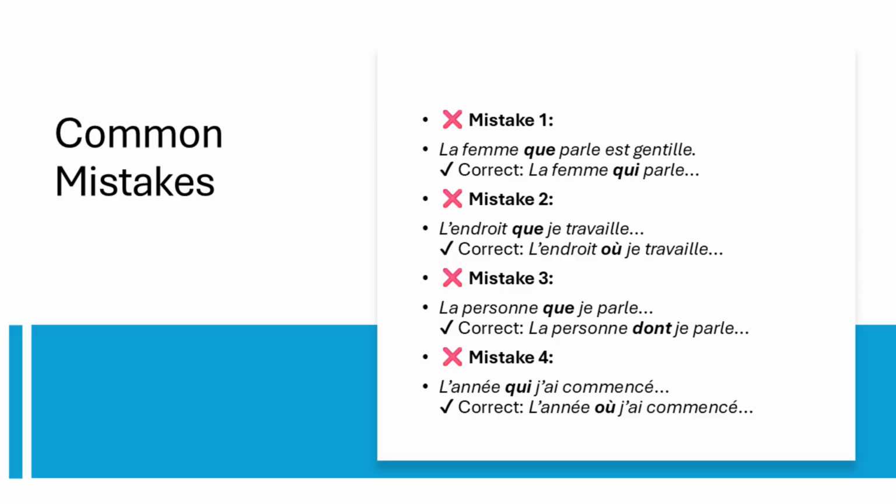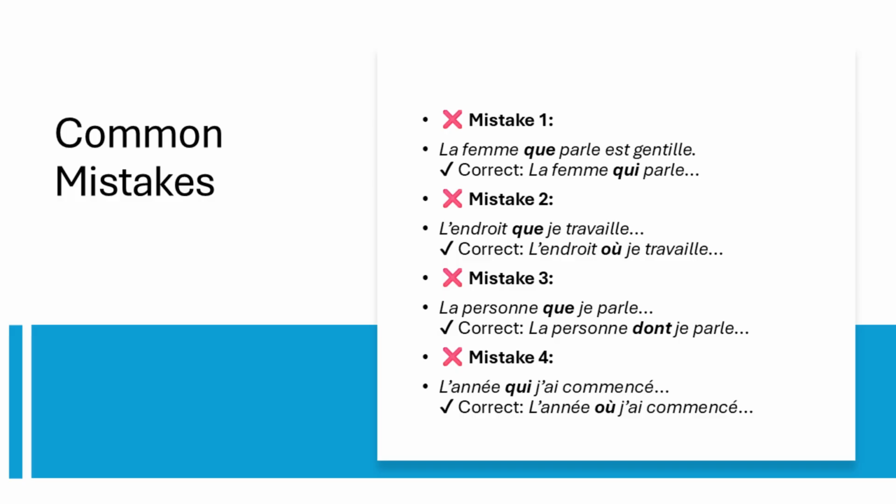Et maintenant, nous apprenons quelques erreurs communes. Par exemple, la femme que parle est gentille. Non, c'est faux. La phrase corrigée est : la femme qui parle est gentille. Deuxième phrase, l'endroit que je travaille.